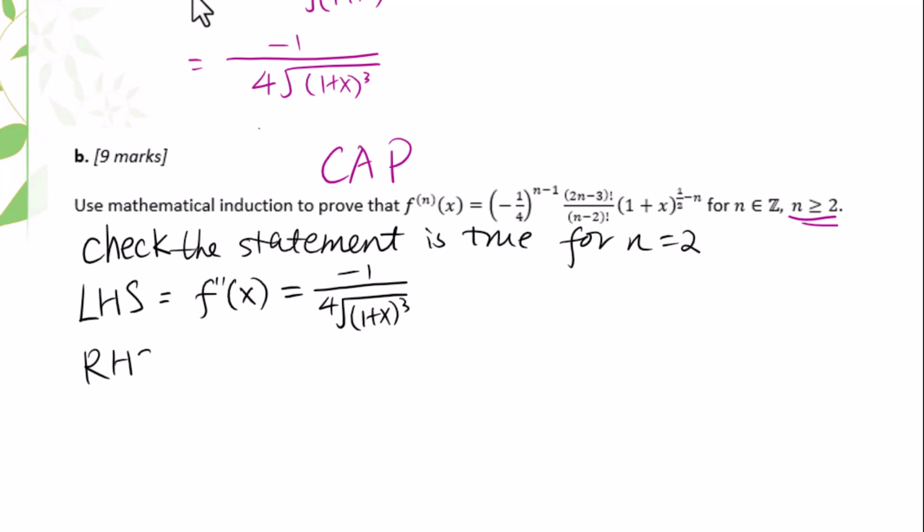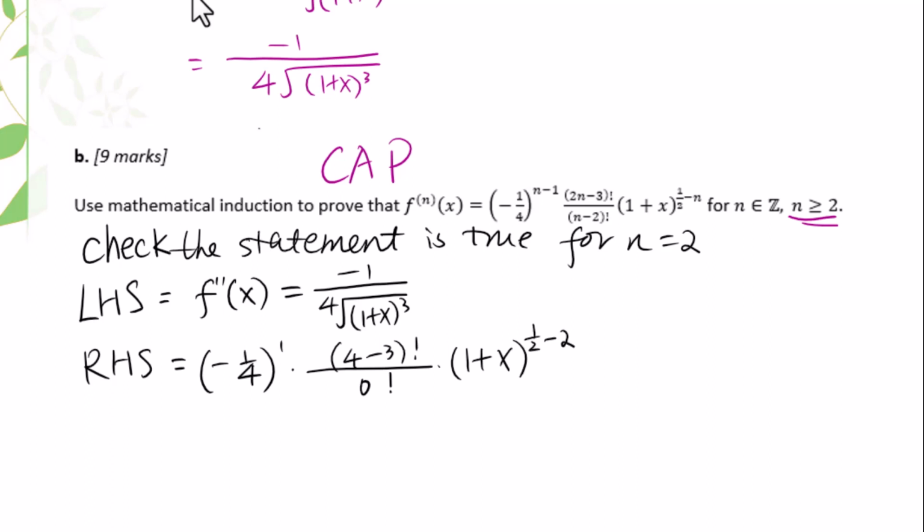Right-hand side, when n equals 2, we have -1 over 4 to the 2 minus 1 power, which is 1, times 2 times 2 is 4, minus 3 factorial, over denominator 0 factorial, times 1 plus x to the 1/2 minus 2.